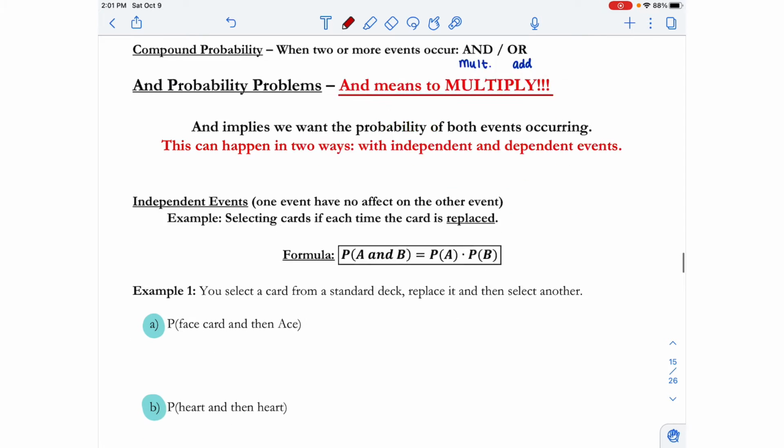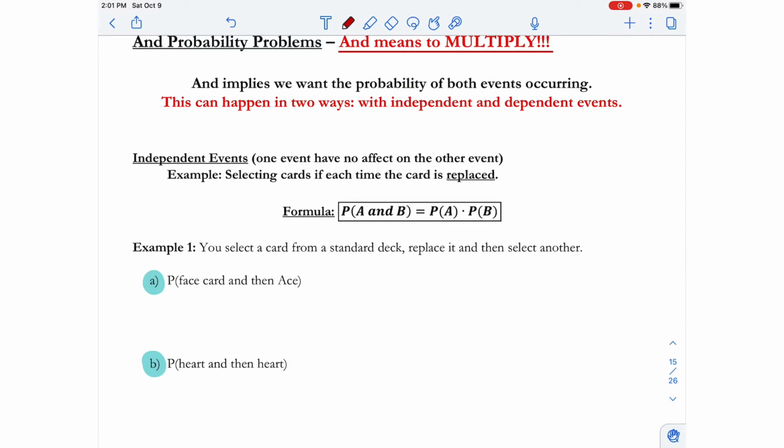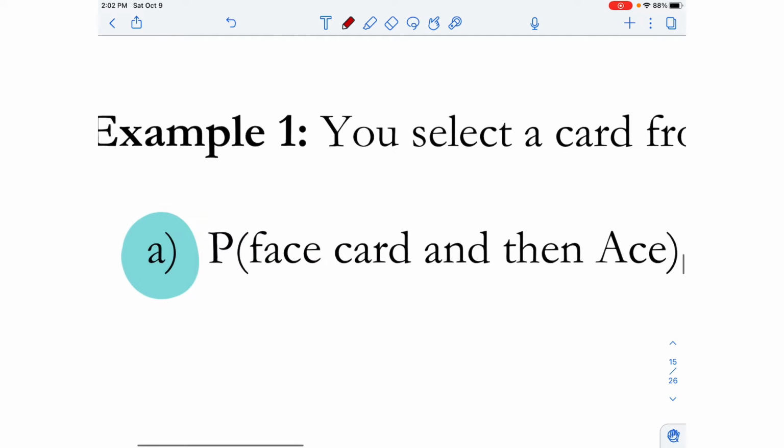So here's our first example. It says you select a card from a standard deck, replace it, and then select another card. Since we're replacing it, we start over, so they don't really depend on each other. They're independent events. So the probability of getting a face card and then an ace.